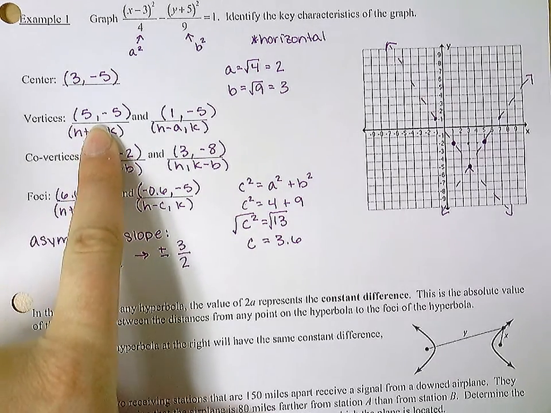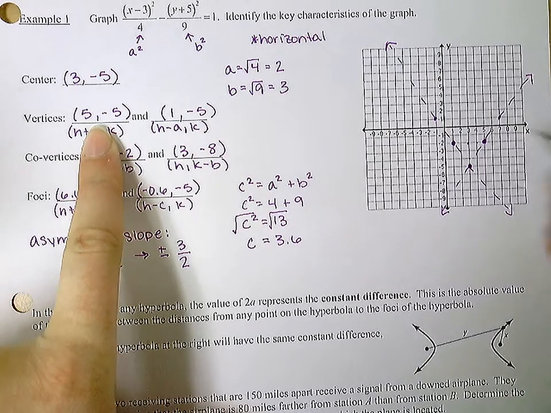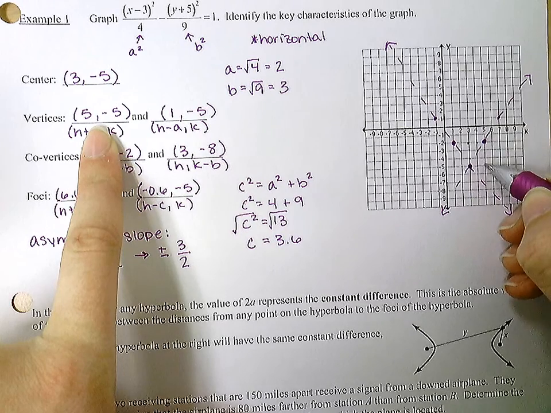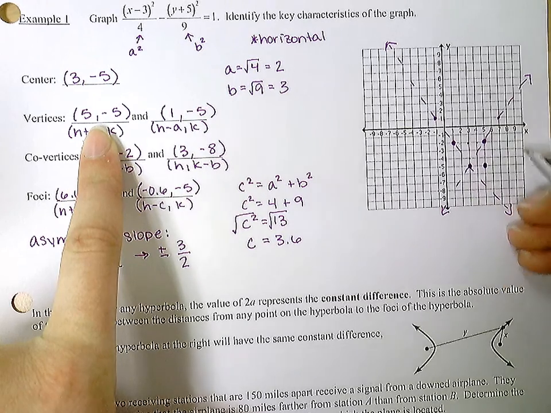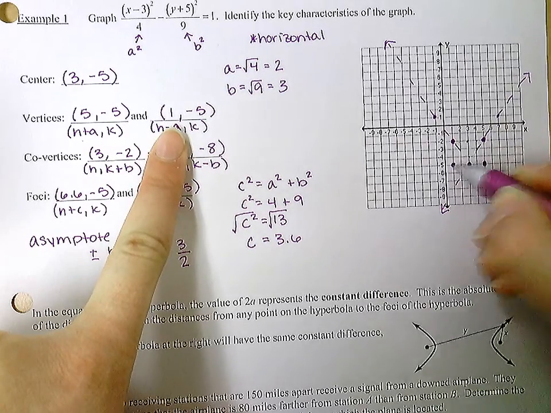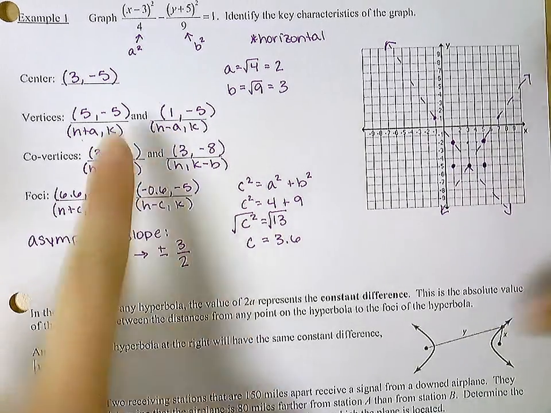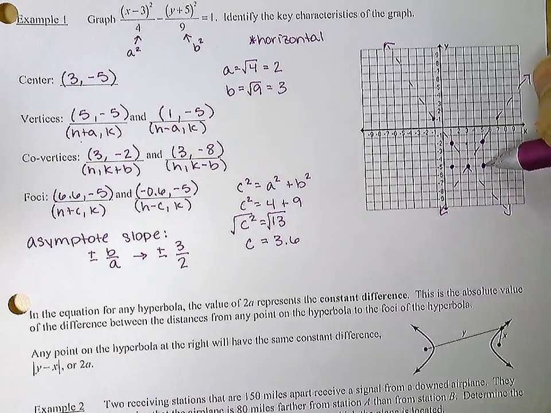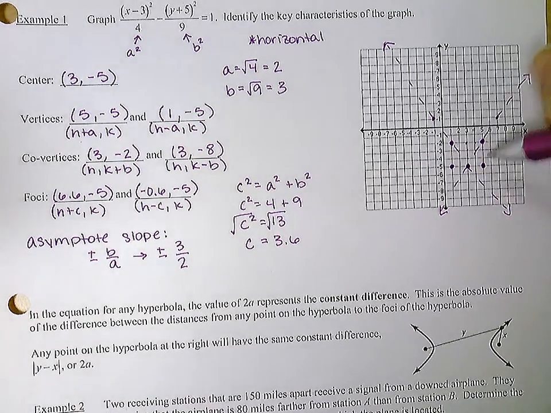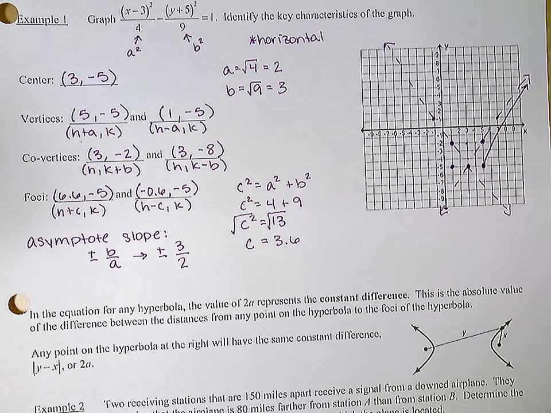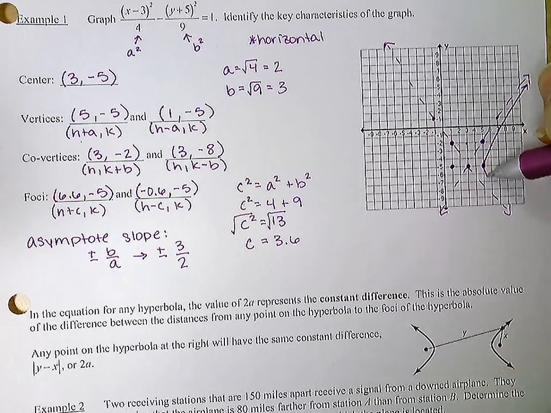All right, next I want to plot the vertices. So I have a vertex at 5, negative 5, and 1, negative 5. Since these are your vertices, this is where you're going to draw in your hyperbola, and it should get closer and closer to that asymptote on either side here.